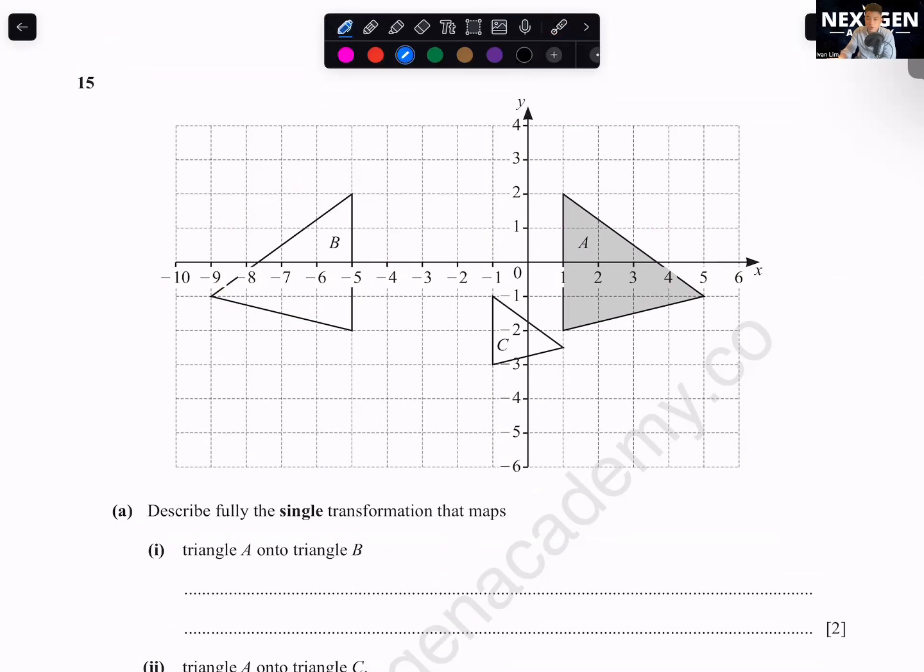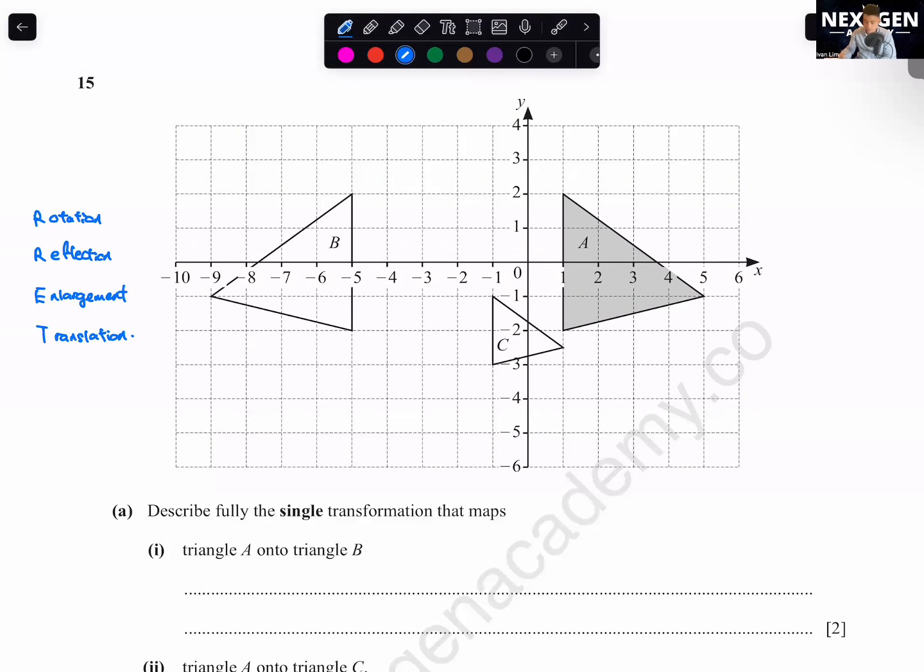When you think about transformation, you think about TICUS: R, R, E, T. What's R, R, E, T? Rotation, reflection, enlargement, translation. There are only 4. Don't go and create your own. In our syllabus, we only learn 4 of them: rotation, reflection, enlargement, translation. Think about TICUS, 老鼠.